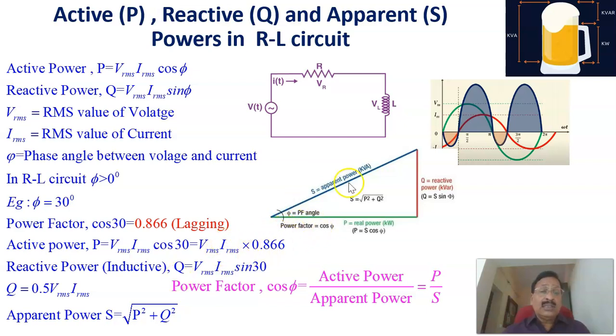And the total apparent power is given by the square root of P square plus Q square, as per the Pythagoras theorem, equal to S. That is the apparent power. And the ratio of the active power P divided by the apparent power is called the power factor of the circuit.